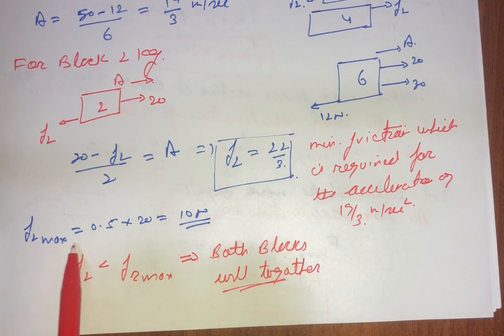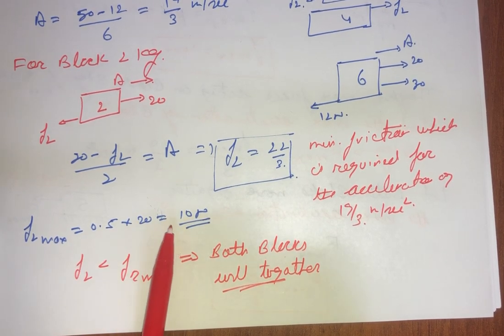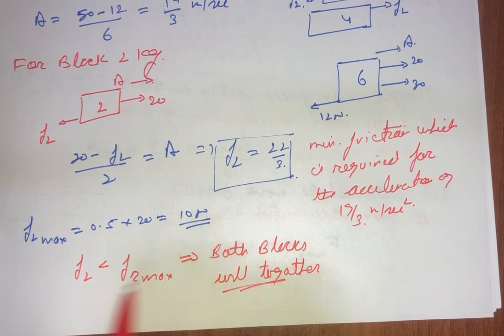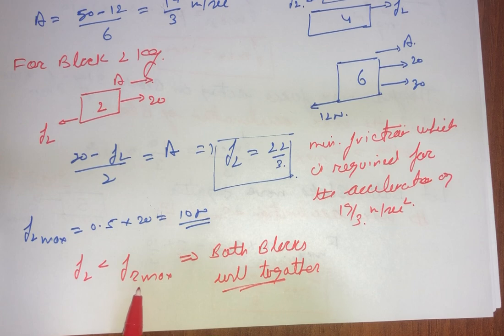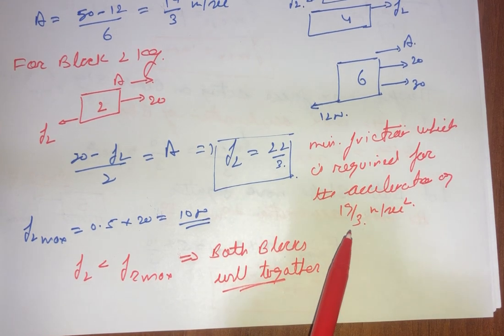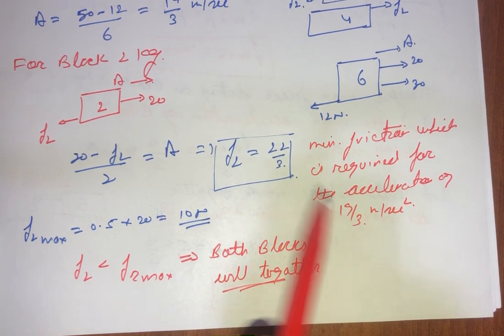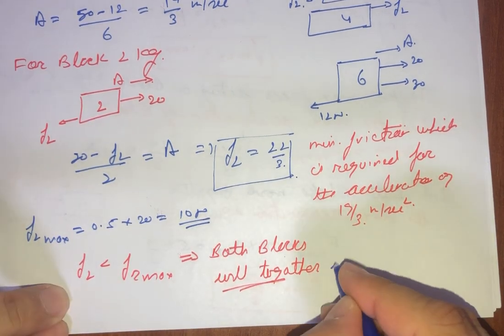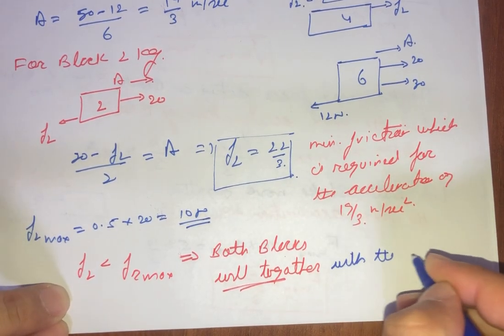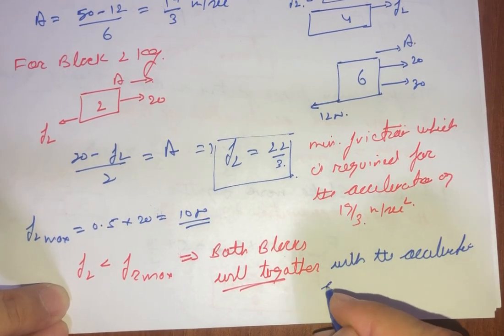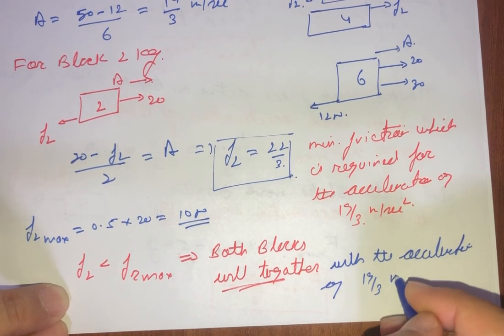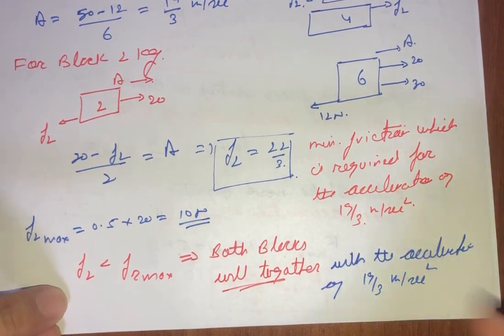We find out F2 max, which is 0.5 into 20, that is 10 Newton. We clearly see that F2 is less than F2 max, and it means both the blocks will be moving together with the acceleration of 19/3 meter per second square.